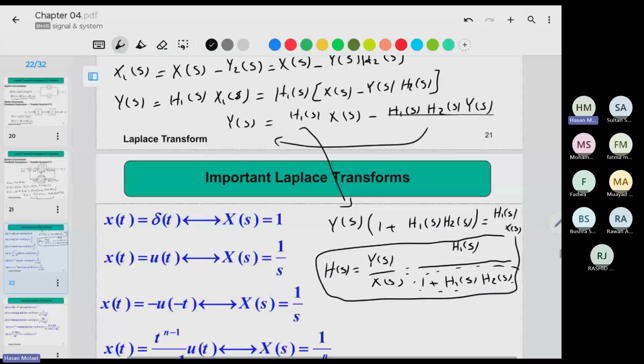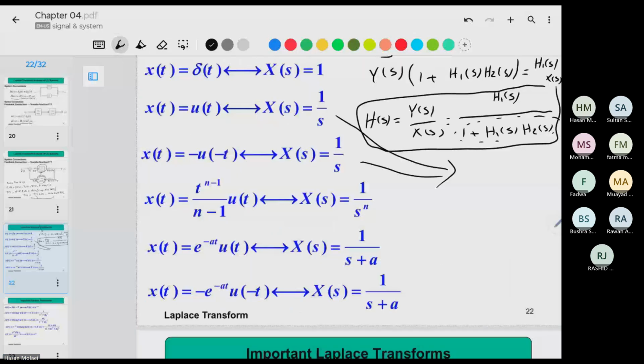Okay, here are some important Laplace transforms. I think you now know almost all. u(t) and minus u(minus t), both are the same, 1 over s. The difference is between these two. What is the difference? ROC, exactly.